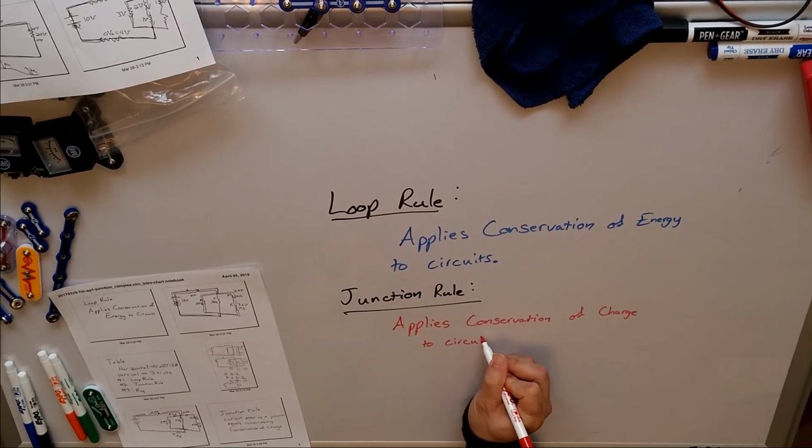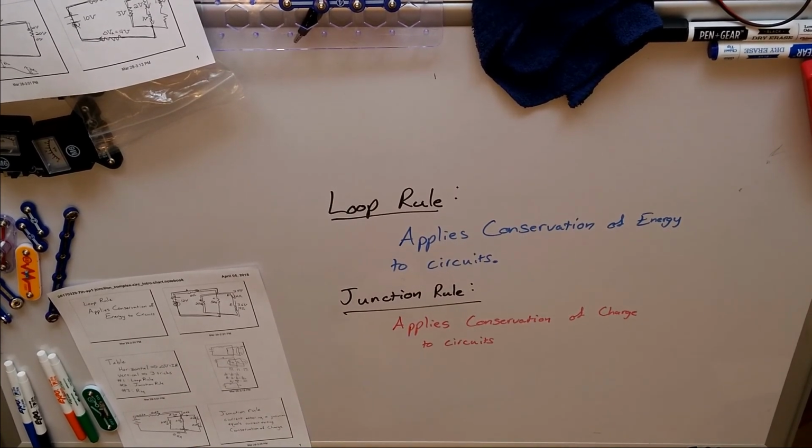Those charges aren't used up. They're particles. You don't just have electrons popping out of existence or protons suddenly appearing from nowhere, at least in the stuff we're working with anyway. Definitely not in our circuits. They have to move from one place to another. They can't just cease to exist or suddenly pop into existence.